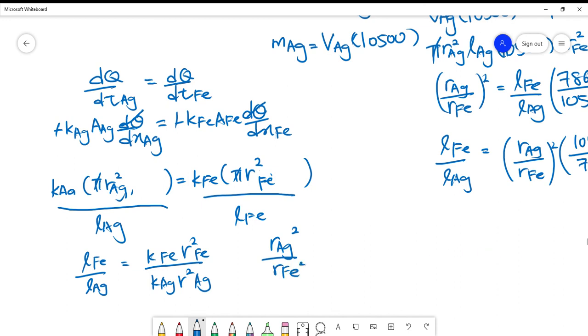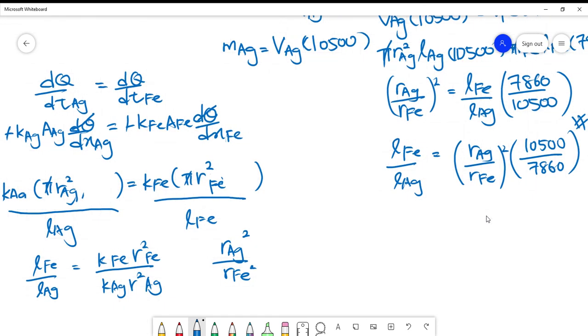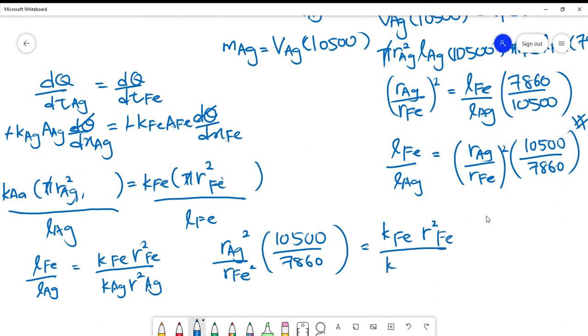Substitute the length, which is 10500 over 7860, divided by K equals K_Fe R square Fe over K_Ag R square Ag.